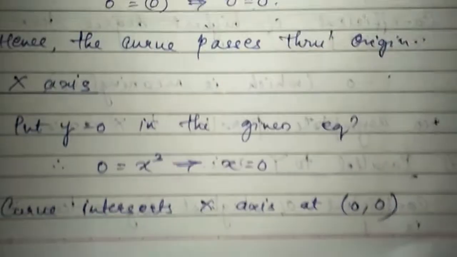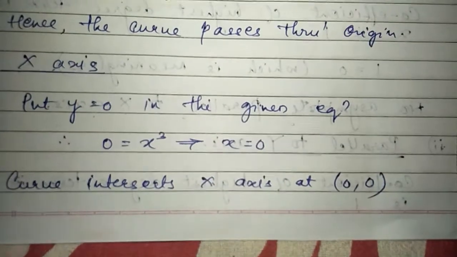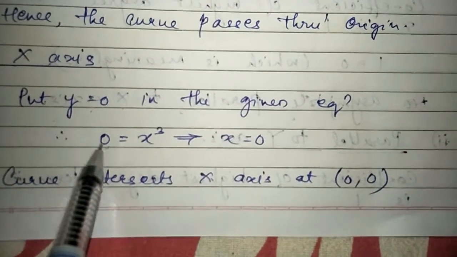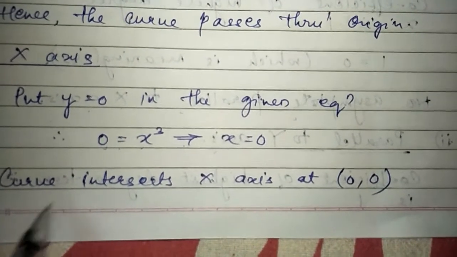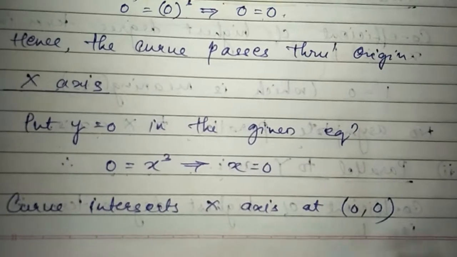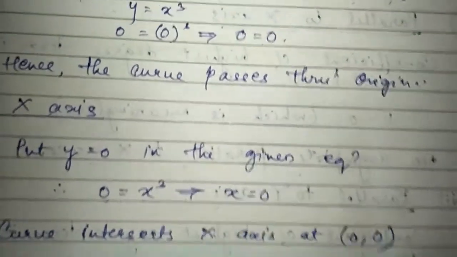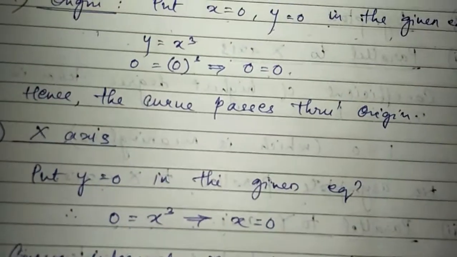Now the x-axis. For that we'll put y is equal to 0 in the given equation. So we have 0 is equal to x cube, which implies x is equal to 0. That means the curve intersects the x-axis at 0, 0, that is the origin. There is no other point where the curve intersects the x-axis.